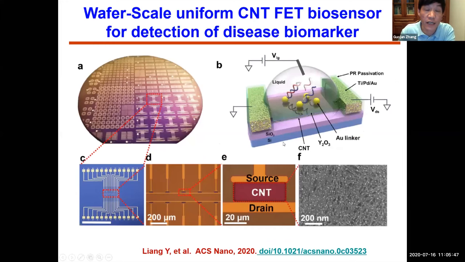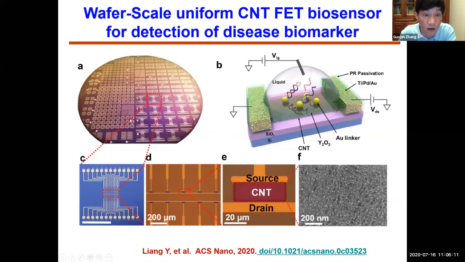Very recently, we worked with Peking University to develop a wafer-scale uniform CNT FET biosensor, which can be used for detecting disease biomarkers. This is the schematic diagram of this work.